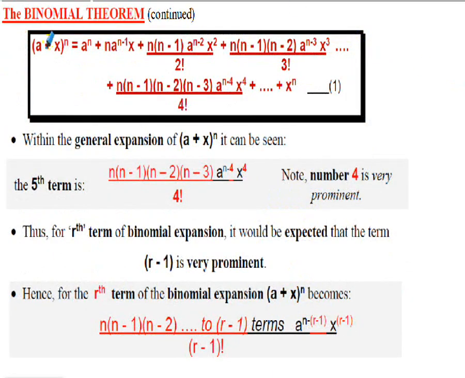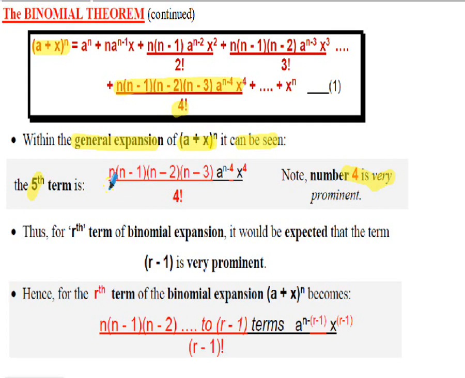I just repeated on this slide the a plus x to the n expansion for convenience here. Within this general expansion of a plus x to the power n, it can be seen that in, for example, the fifth term, so I'm talking 1, 2, 3, 4, 5, in this term here, that 4 is a common number.